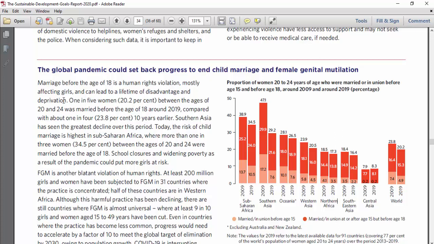The risk of child marriage is highest in sub-Saharan Africa, where more than 1 in 3 women between the ages of 20 and 24 were married before the age of 18. School closures and widening poverty as a result of the pandemic could put more girls at risk. Okay, so let's look at the statistics here. Where is Africa? Northern Africa. There's Sub-Saharan Africa.